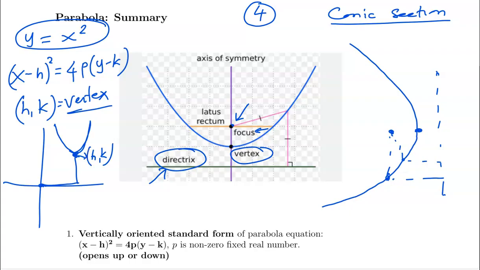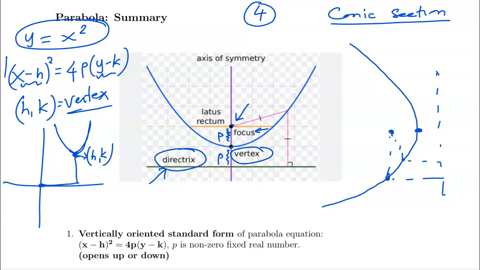How much shift from x, how much shift from y. And then p is the distance. p is this distance from the focus to your vertex. That's your p distance, and that's exactly the same as from the vertex to the directrix, which is also p.